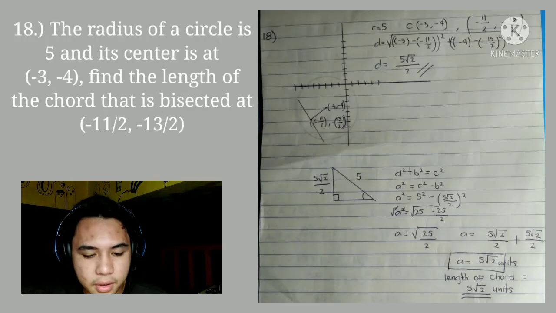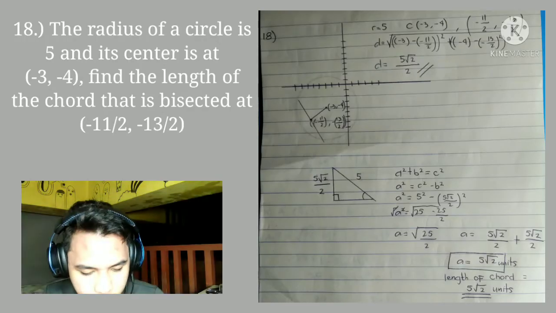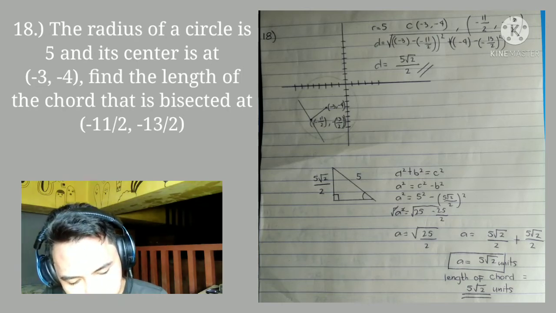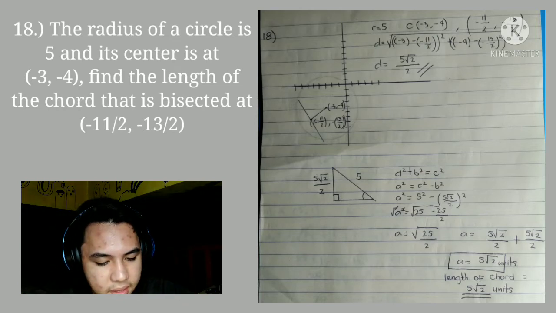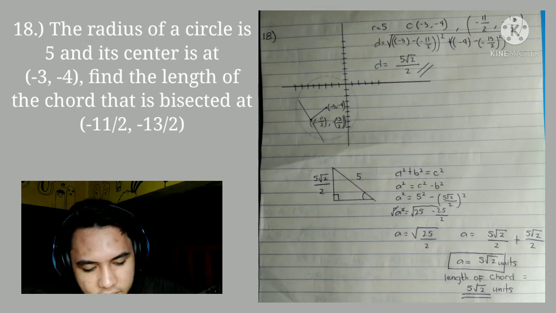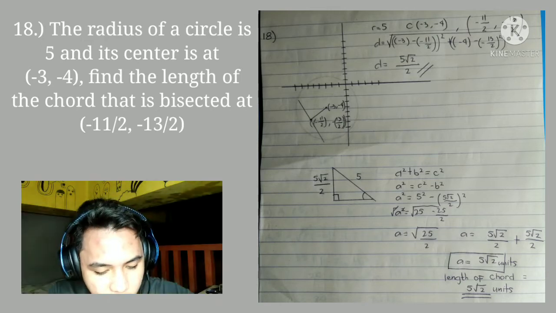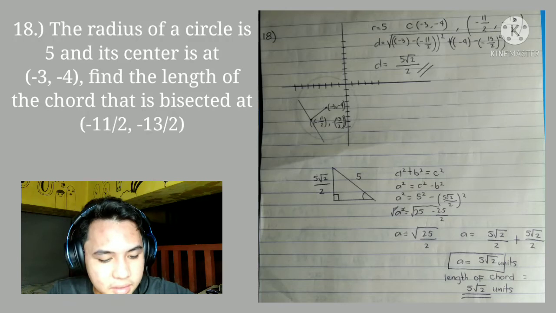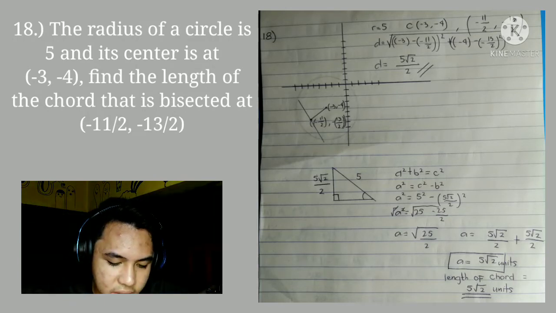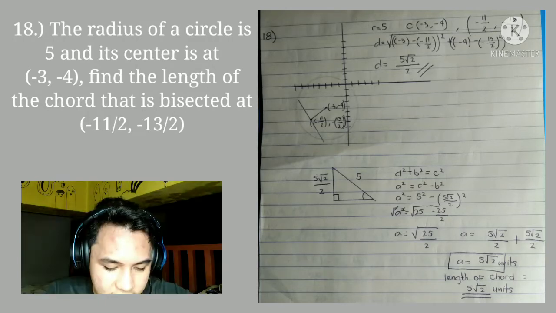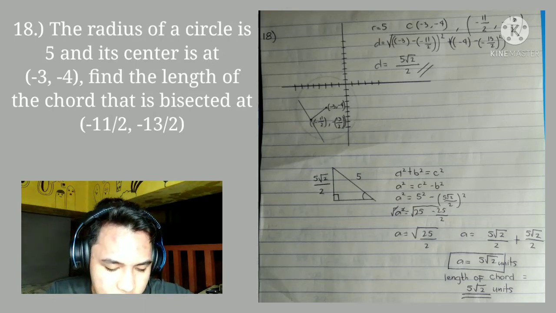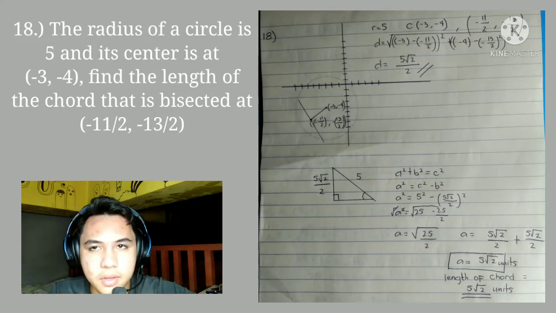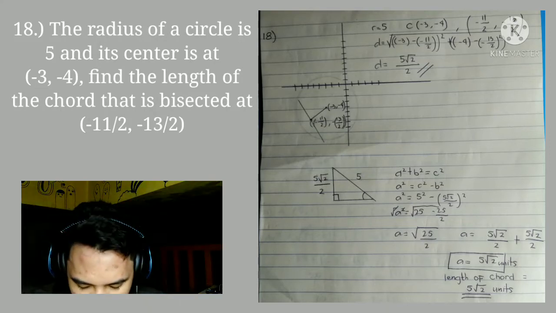So we are now on number 18. The radius of a circle is 5, and its center is at (-3, -4). Find the length of the chord that is bisected at (-11/2, -13/2).